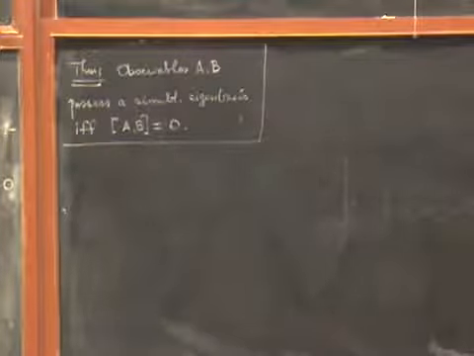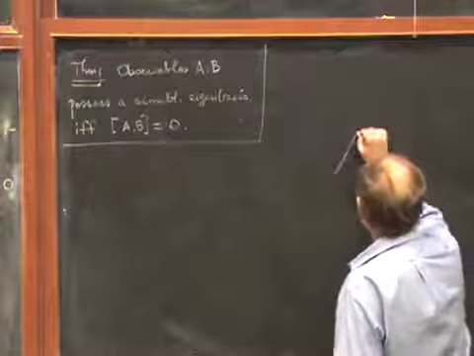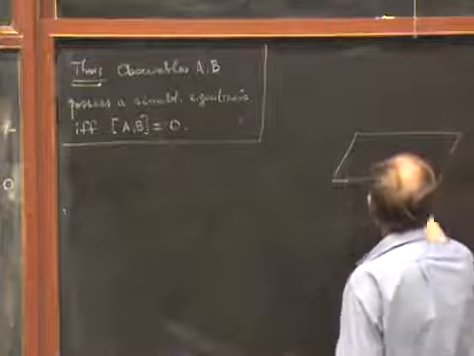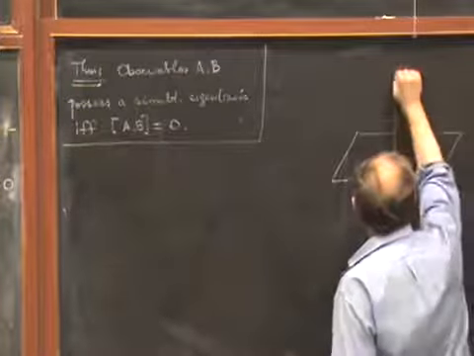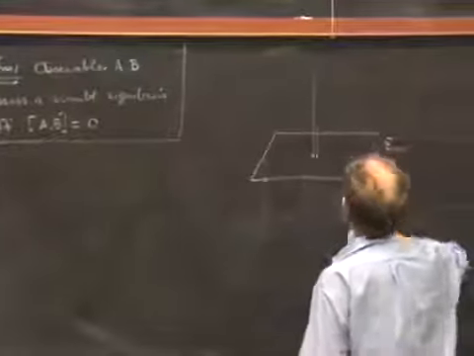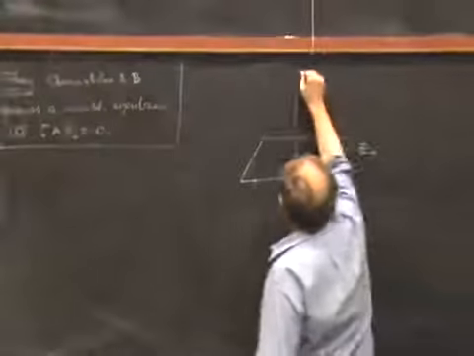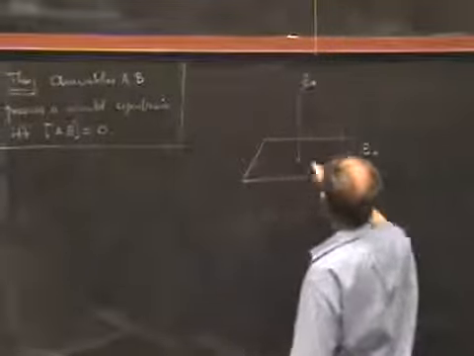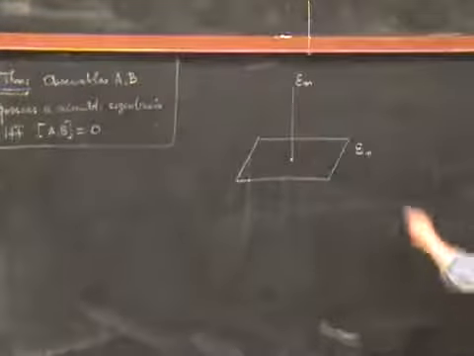How do we see that this is true? Probably the easiest way is to go back to this picture of the orthogonal eigenspaces. I'll draw one that's two-dimensional and one that's one-dimensional. Let's call this En here, and here's a different one, call it Em. I'm mainly going to concentrate on En.